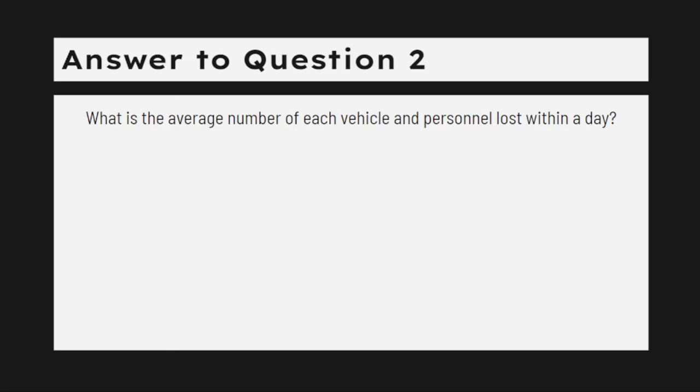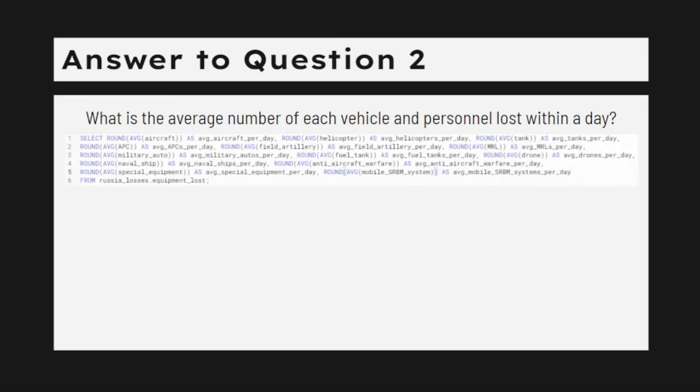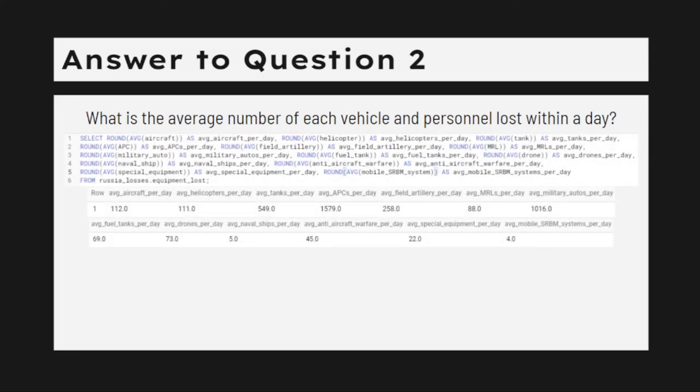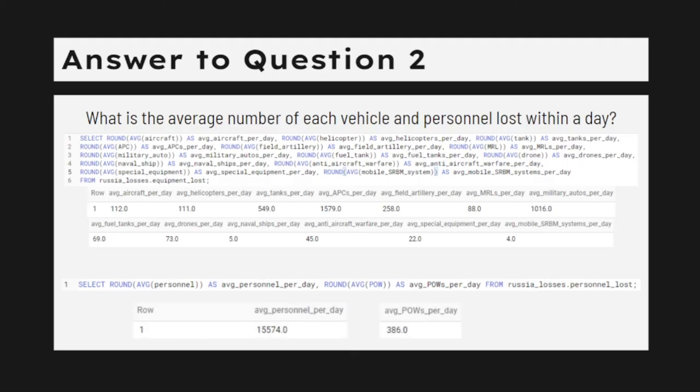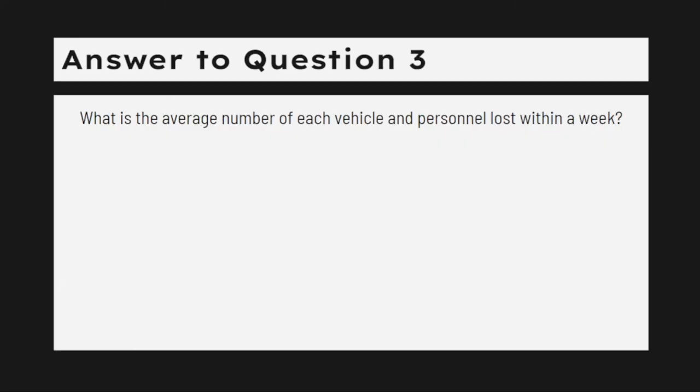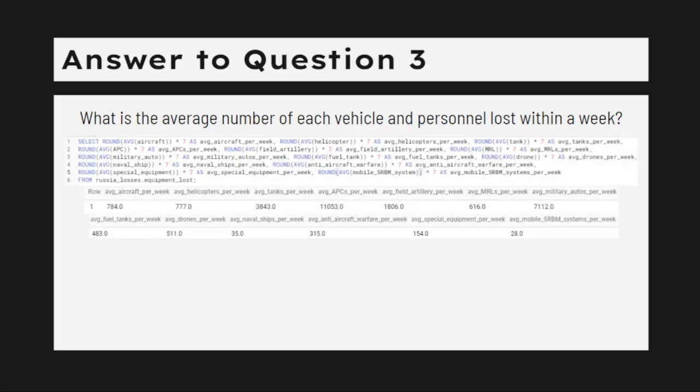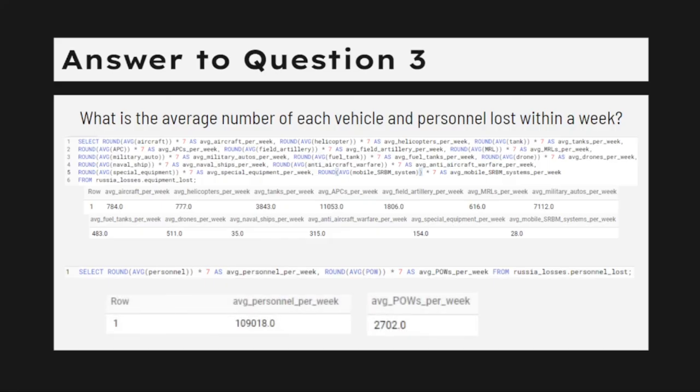Using the average function in BigQuery gives us the average number of vehicles and personnel lost within a day. We round the units to the nearest whole number because it is impossible to destroy a partial vehicle or person. The third question is, what is the average number of vehicles and personnel lost within a week? To find the average number of deaths and destroyed vehicles, we multiplied our average numbers by 7.